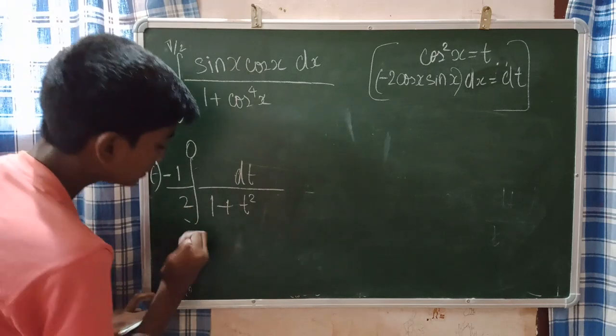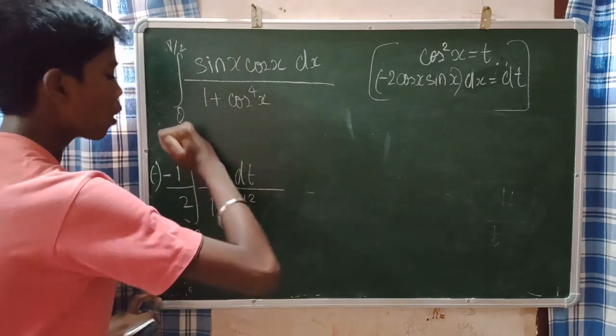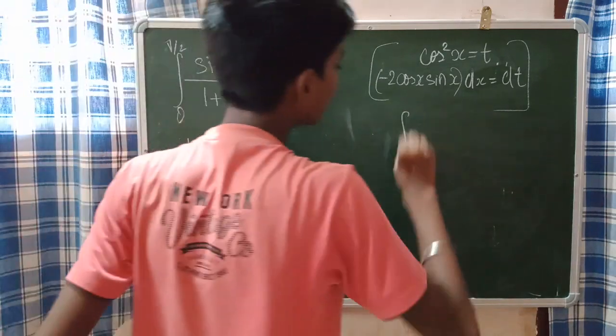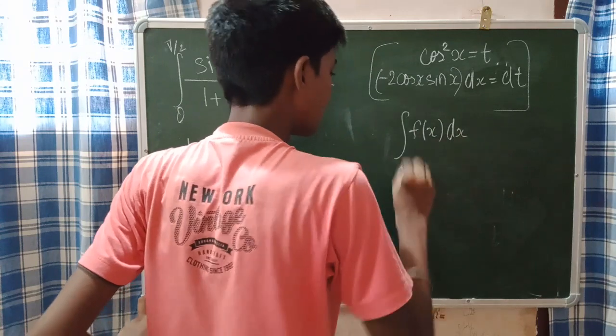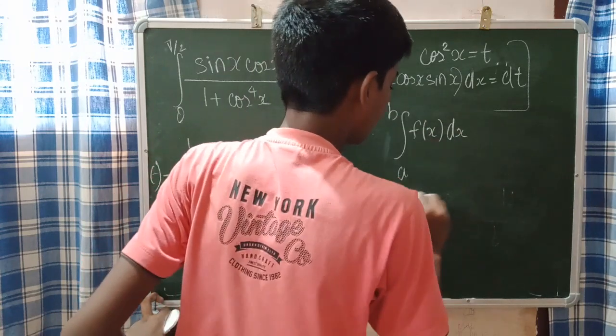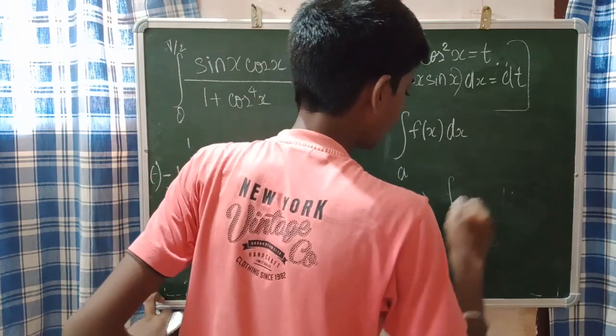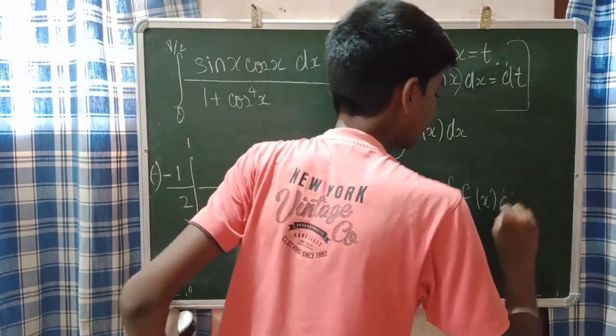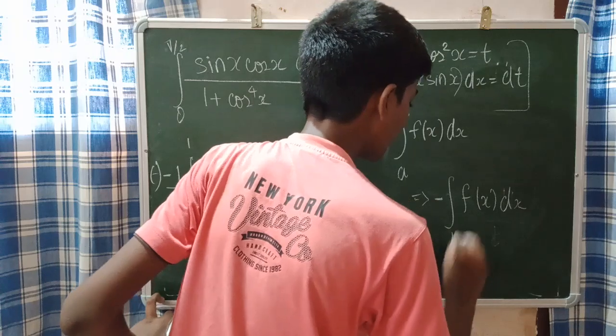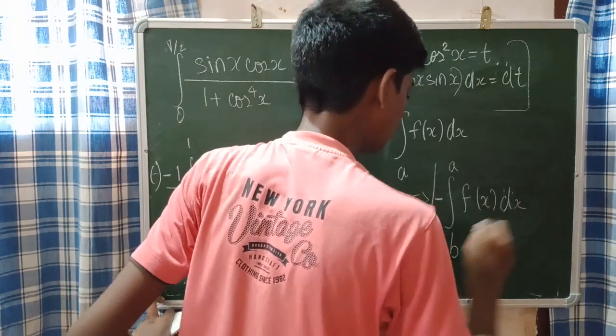So I can change the limits to 0 to 1. Guys, it's one of the properties now. Do you guys forget that? Integral of f of x dx from a to b can be written as minus integral of f of x dx from b to a. This is one of the properties now.